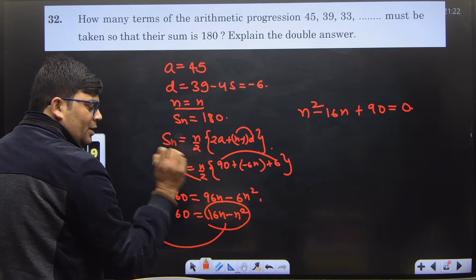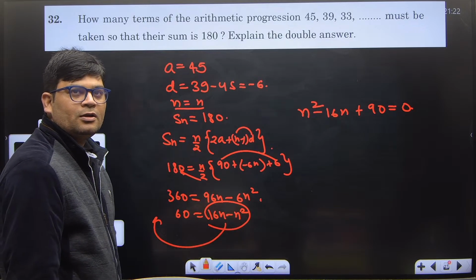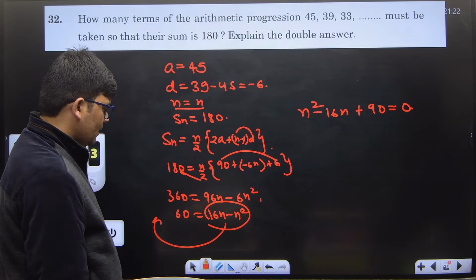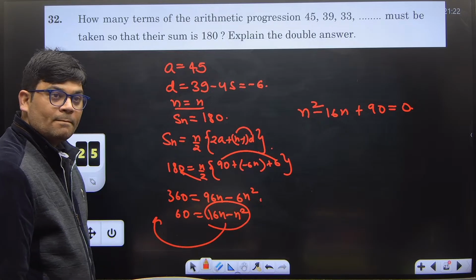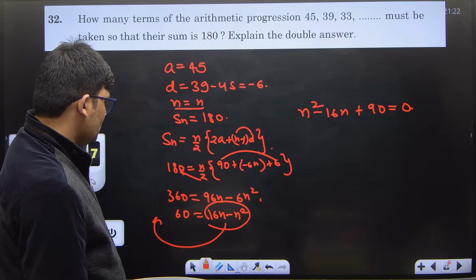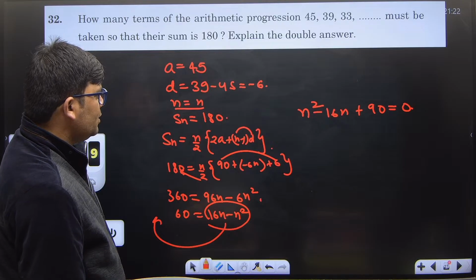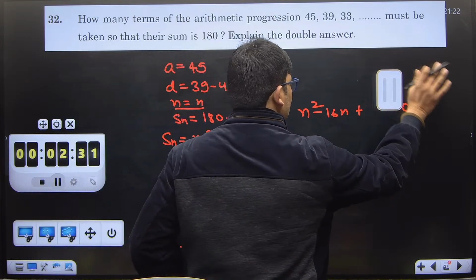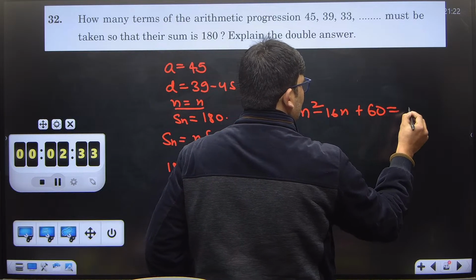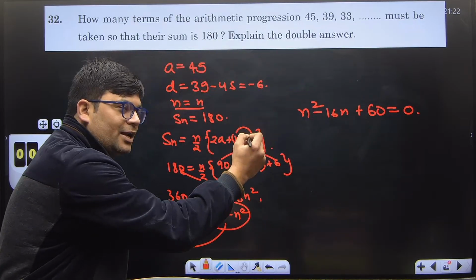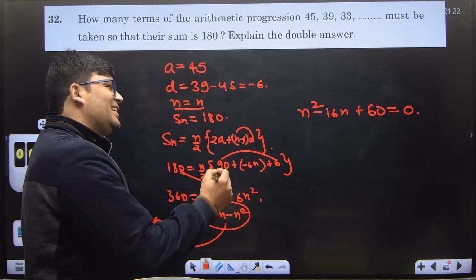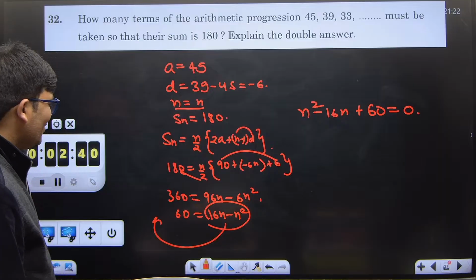So what you will be having here? 0 only. You've used 90 over there, isn't it 60? Oh my God, sorry. Good observation. That is a typo mistake.